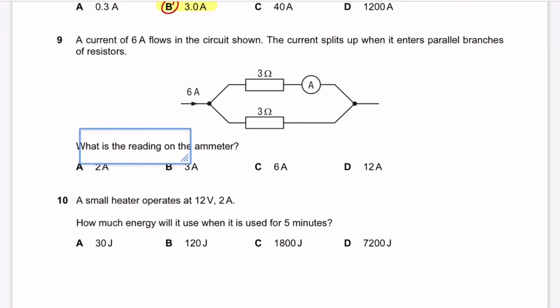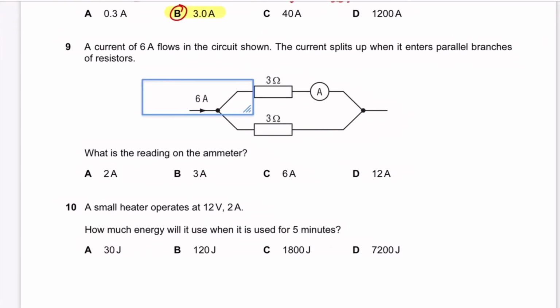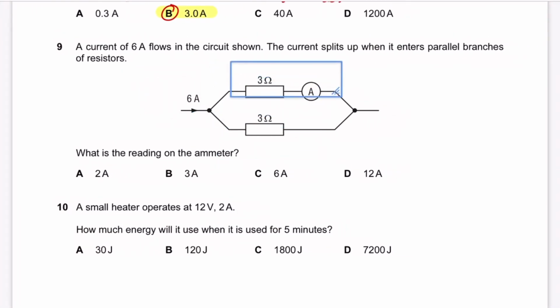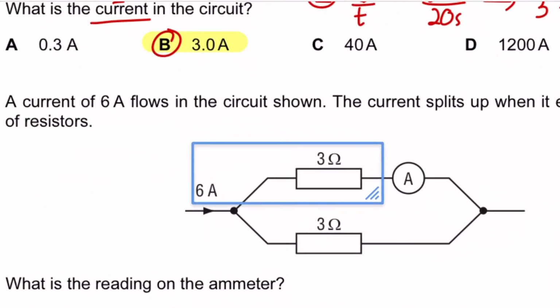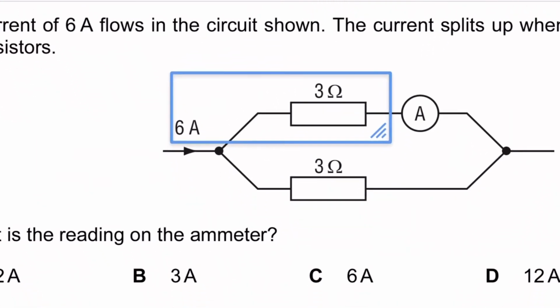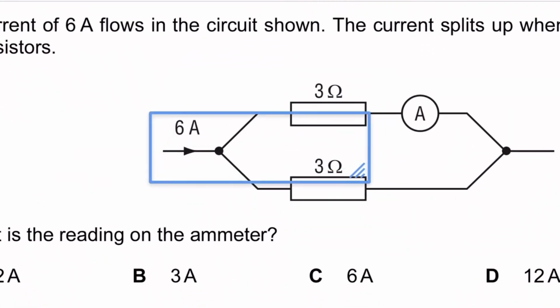What is the reading on the ammeter? Alright, without giving us any other value other than the current and the 2 resistance, which is 3 ohms and 3 ohms respectively, we're expected to know how to divide this current into these 2 branches.